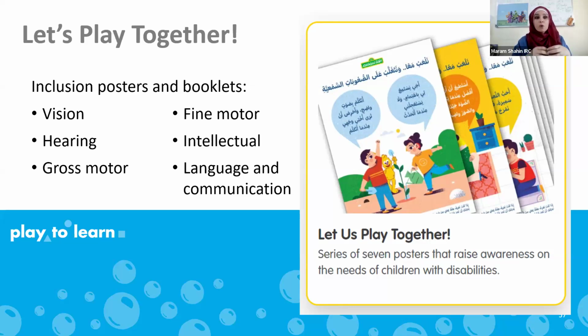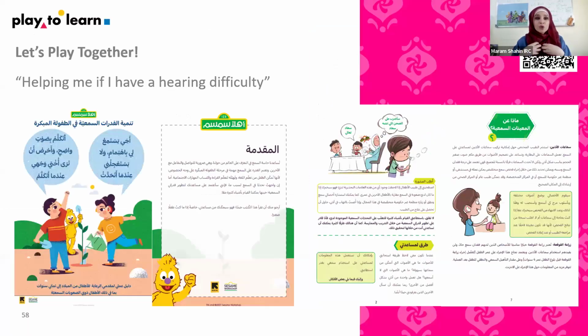Within each booklet, if you open the booklet, it's written with the voice of a child. So the child is talking to you here. It starts with giving you an introductory message: I want to play. You can include me by doing this and this type of changes or adaptations to the daily activities. Make sure you address my needs.